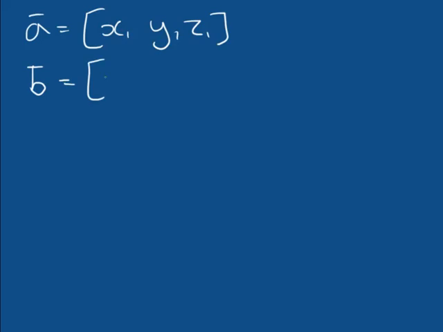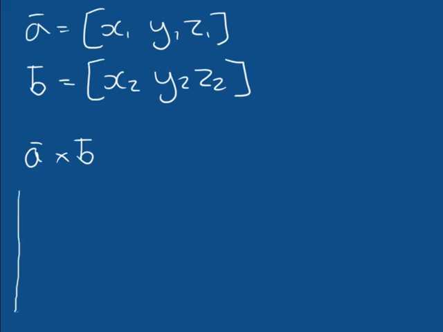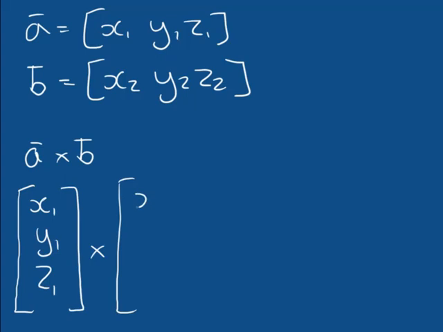The first thing I need to write down is, if we recall, our vector A is equal to x1, y1, z1, and our vector B is equal to x2, y2, z2. And what we're trying to find is A crossed with B. So we could equally write this as the vector x1, y1, z1 crossed with x2, y2, z2.